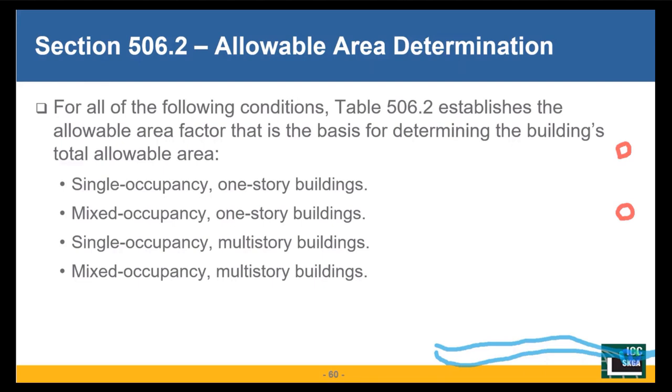You pick an allowable area from the table for A, and you pick an allowable area for B. So how do you arrive at the overall allowable area of the building? We'll talk about that shortly. This is the basis for determining the allowable area for the whole building once we pick the area factor and modify it, whether for frontage or sprinkler system and so forth.